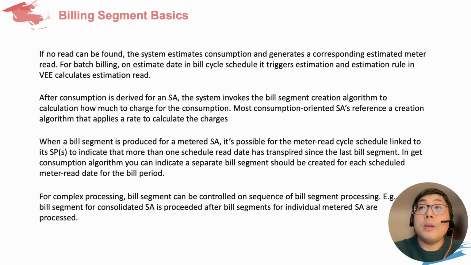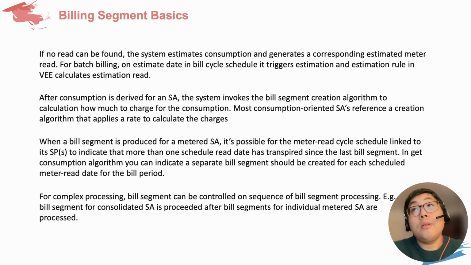Or what you can do is use the cut-off date in the usage, so you keep everything within the same bill segment, and in that way you can have different reads returned for each month. And you can calculate them separately in the bill calculation lines by applying the rate.